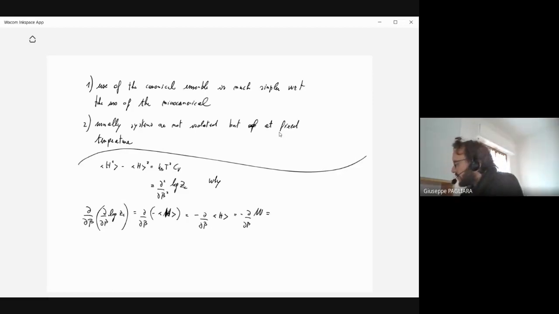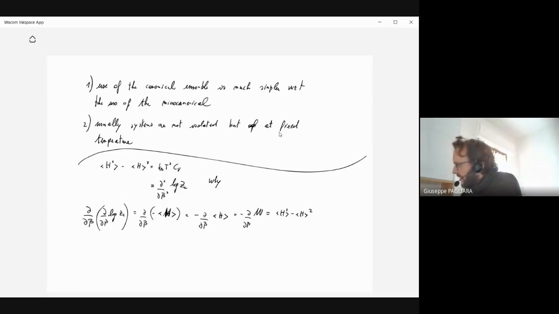And this was actually exactly equal to h squared average minus h average squared. Let me check if the signs are correct. This was anyway derived before, no? Minus derivative of u with respect to beta is the variance.